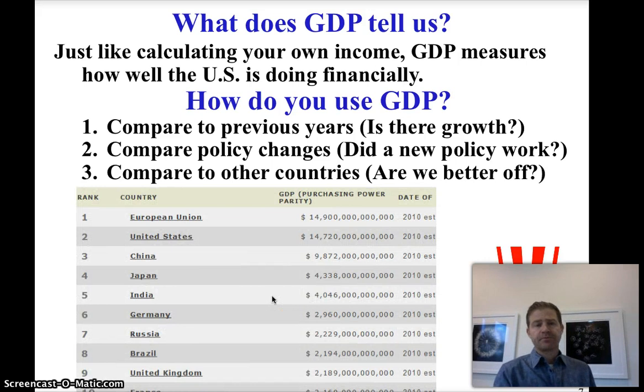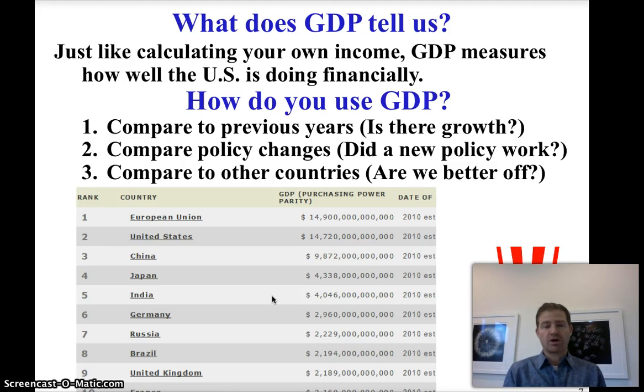So if you look at us compared to other countries, you can see that the entire European Union, which is many nations, has basically the same GDP in 2010 as the United States on our own.